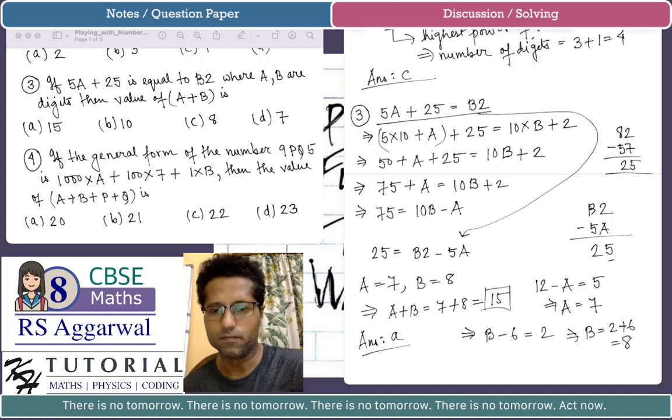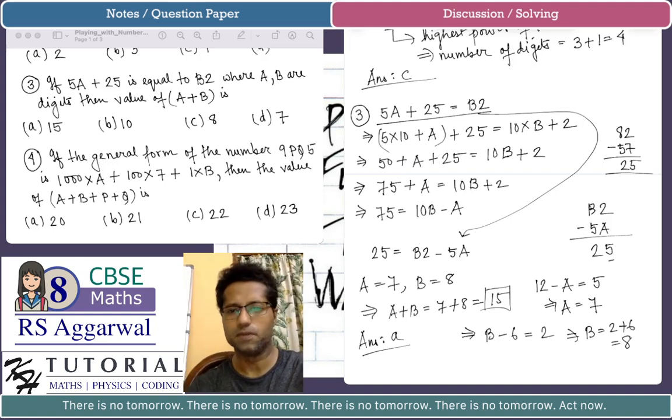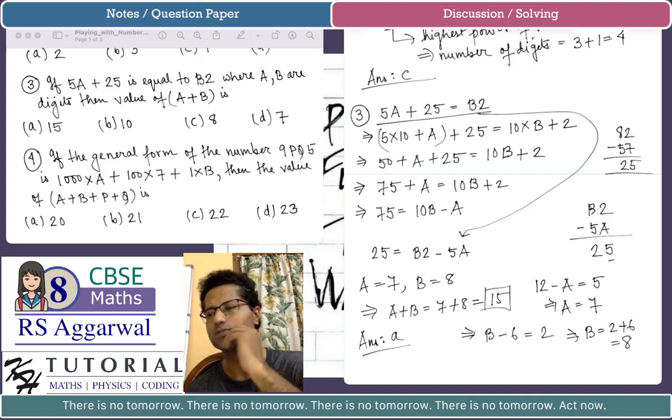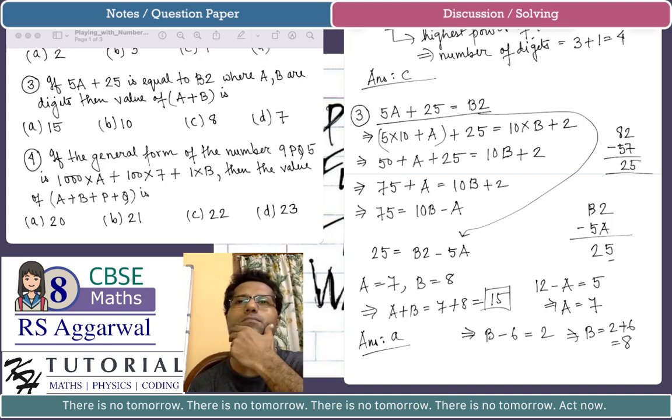This problem was actually not based on the general form of numbers, but is a problem based on filling the missing letters based on the subtraction and addition of digits, of two-digit numbers or three-digit numbers. There will be some missing letters, and you have to fill those letters with some digits.